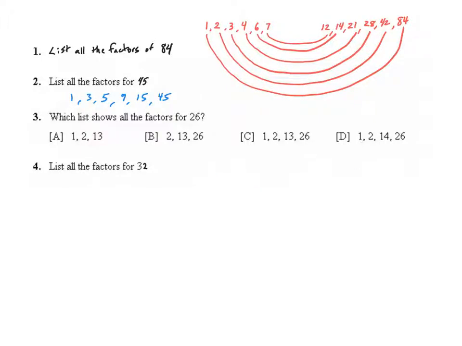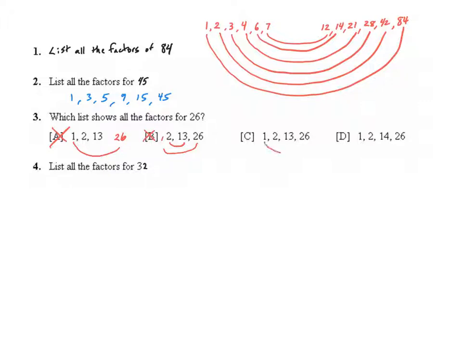Question 3 says, which list shows all of the factors of 26? In this case, because it's multiple choice, I can just start looking for which ones actually have all of the factor pairs. Well, on A, 1 is not paired with anything when it should be paired with 26, so it's definitely out. On B, 2 times 13 is paired together, but 26 is not paired with 1, which it should be, so it's out.